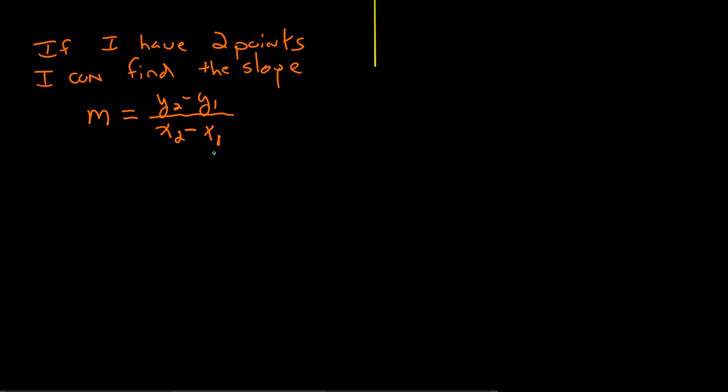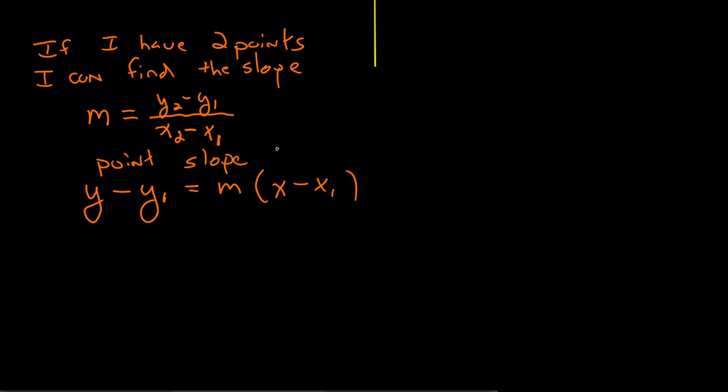And once I know the slope, I can find the equation of the line if I use this form, which is called the point slope form. And so we're going to look at the point slope form in a couple examples.